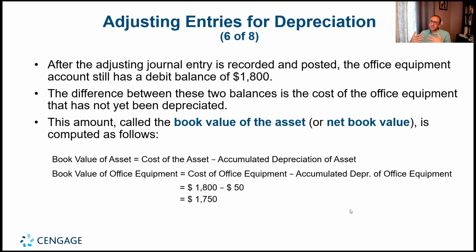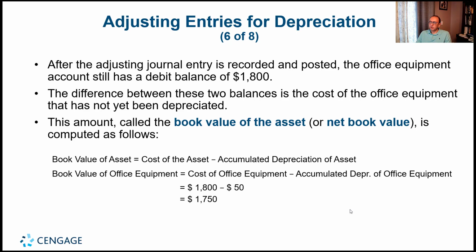So now we know the original value of this office equipment. That's the good thing about having a contra asset account: we can track what the original cost of that office equipment was. The difference between the two balances is the cost of the office equipment that has not yet been depreciated, what we sometimes call the book value or the net book value.